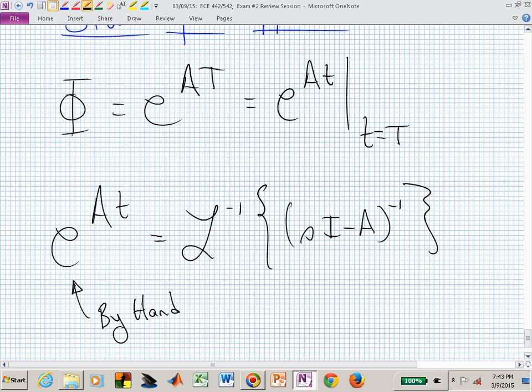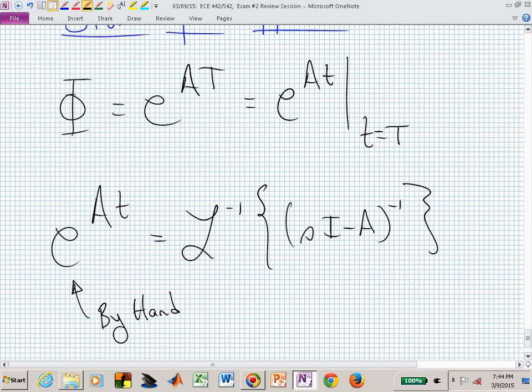And you should be able to do that for a 2 by 2 A matrix. And what possible denominators are you looking at? You're now going to have a denominator, which is the determinant of sI minus A. And if it's second order, you really only have a few scenarios that might be.